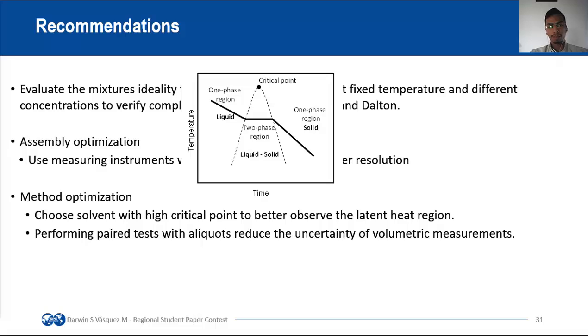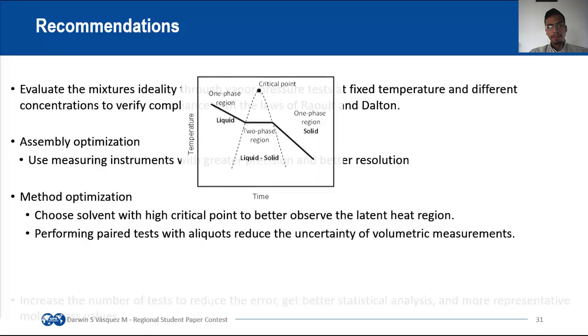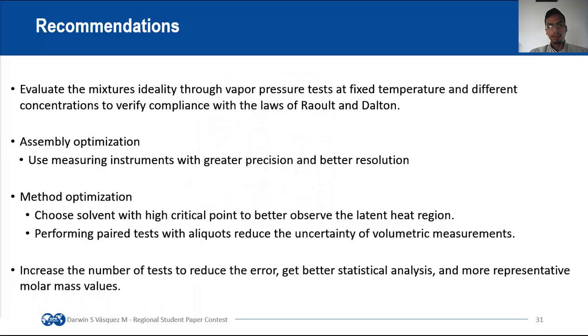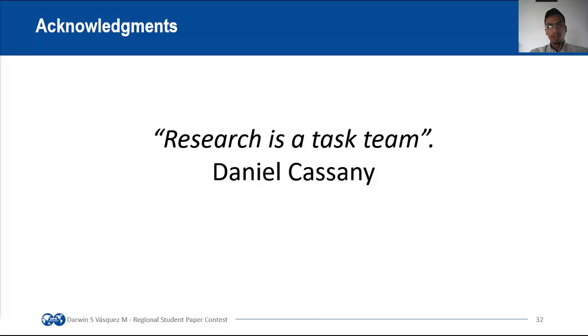For the method, choose a solvent with a high critical point to better observe the latent temperature, and perform prior tests with aliquots to reduce the uncertainty of volumetric measurements. Increase the number of tests to reduce the error and get better statistical analysis and more representative molar mass values.